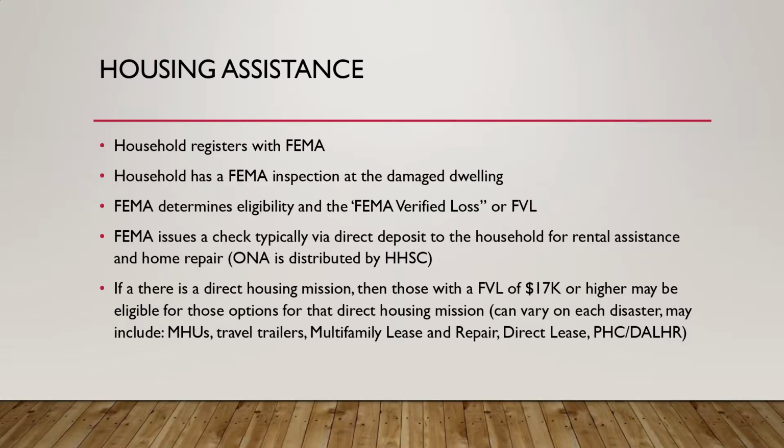home. Once they determine the level of damage, the inspector goes back and inputs that data into a calculator. There's a separate group at FEMA that determine, based on that assessment, what the FEMA verified loss is for that home. So you often hear the terminology FVL, that's the FEMA verified loss. This is a key factor if there is a direct housing mission.